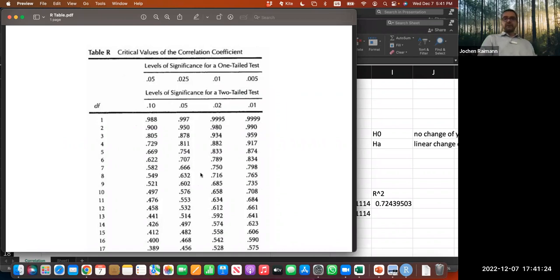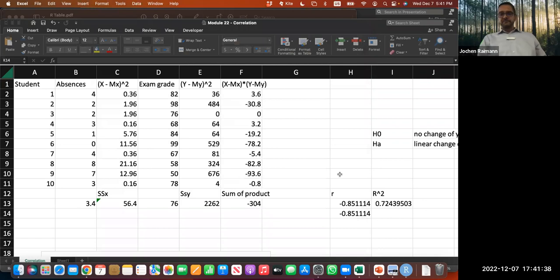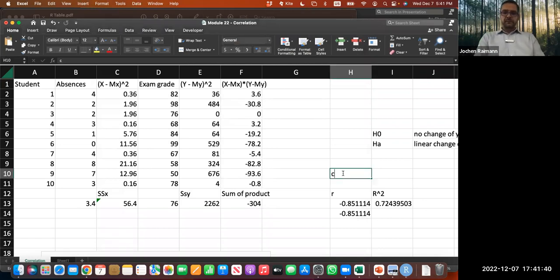At an alpha level of 5%, you would need a correlation coefficient of 0.549 to have a significant correlation. So that is your critical R. Critical R is 0.549.